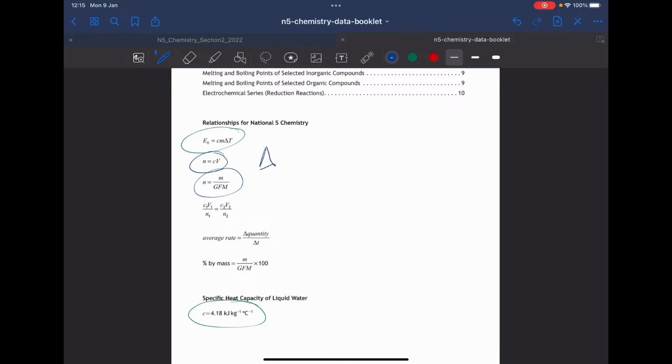You also have the triangle versions that you can use. For the n, c, v triangle, the n is on the top, c and v are on the bottom. For n, m, GFM, m is on the top and n and GFM are on the bottom. You don't get given the triangles, but you can remember them if you find them easier to use.